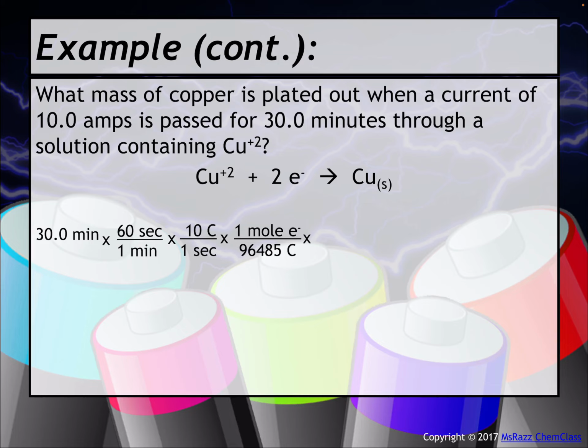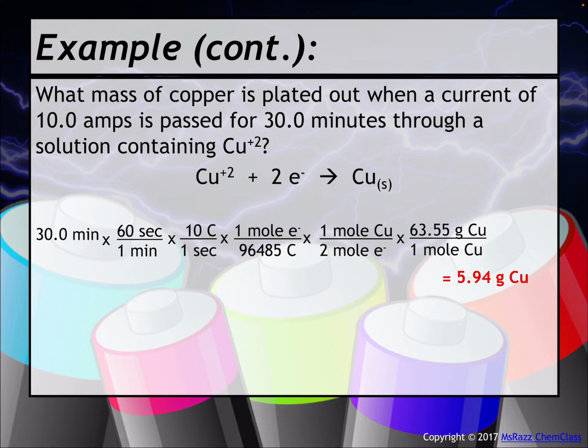Now we have moles of electrons, and we know there are 2 moles of electrons for every 1 mole of copper. That's our next step: we use the mole ratio from the half reaction. The last thing we do is multiply by the molar mass of copper. And ta-da, everything cancels out, and there's the mass of copper that we'll get after we run the cell for 30 minutes.